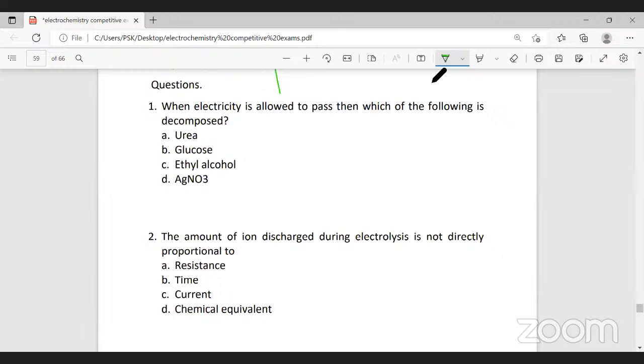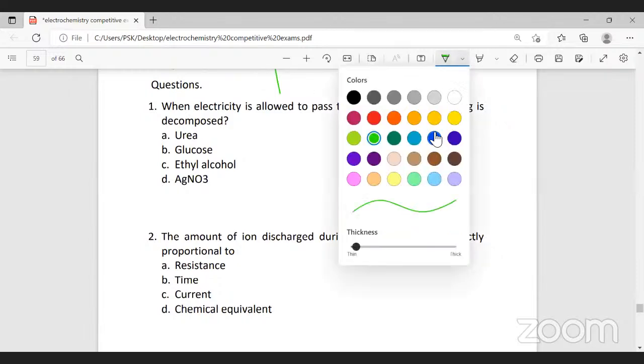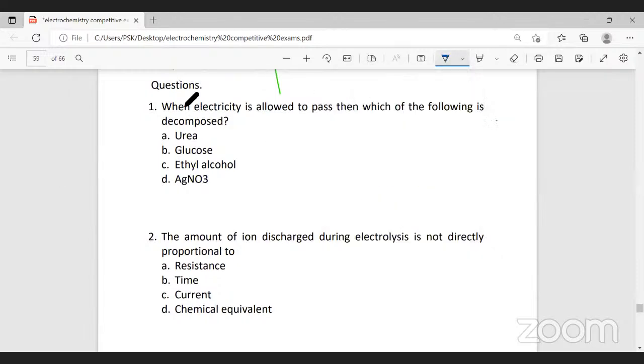All right. Now, the first question we're going to learn here will be, when electricity is allowed to pass, which of the following is decomposed? They're asking you, amongst the following, which is decomposed? Sir, is it option B, sir? So option D, sir.